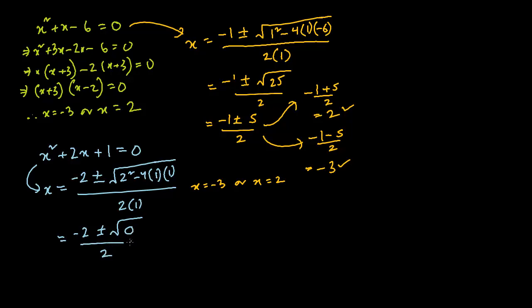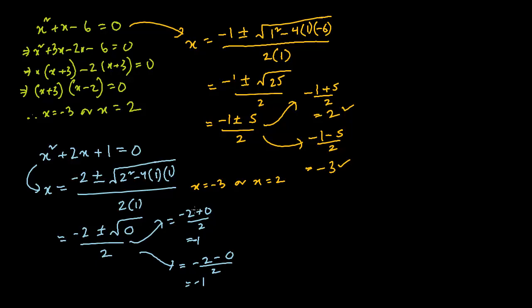Now if it is 0, one value is going to be minus 2 plus 0 by 2, which is minus 1, because it doesn't really matter if you add something with 0, and the other value is minus 2 minus 0 by 2, which is also minus 1.